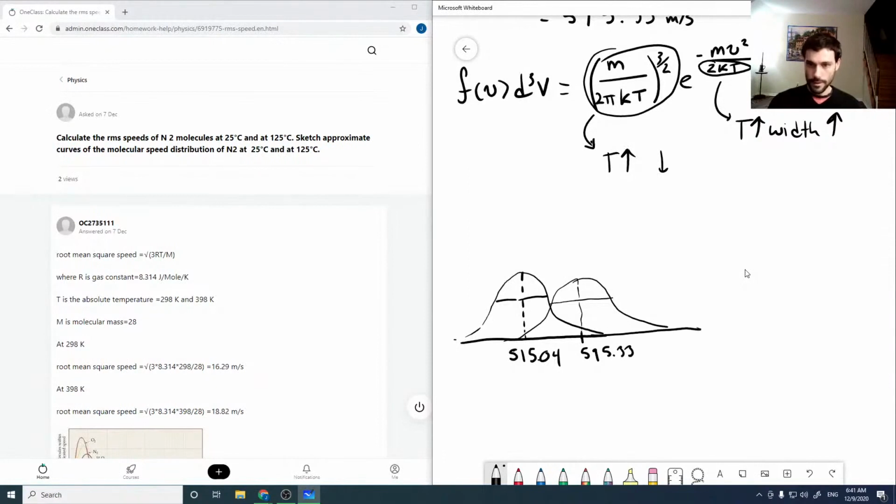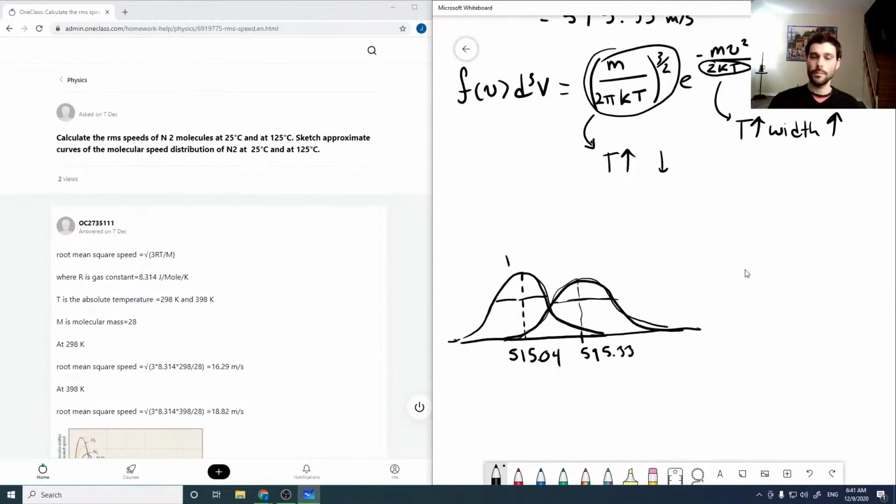And so hopefully this looks like some kind of a symmetric Gaussian.